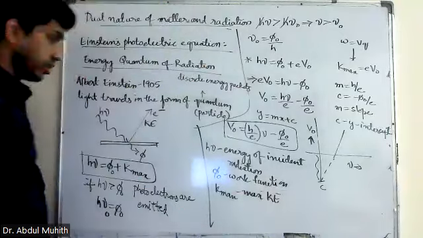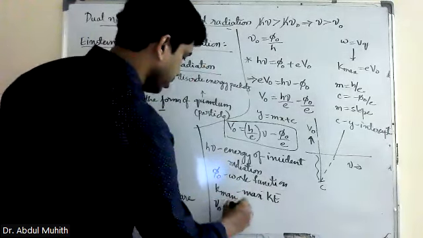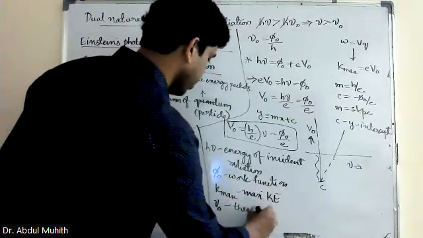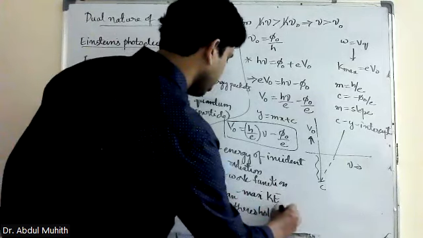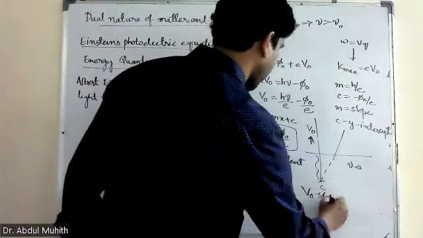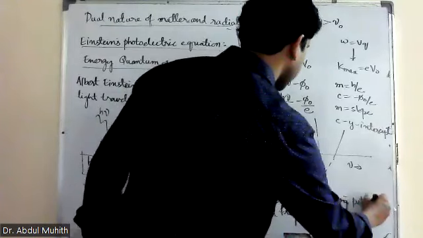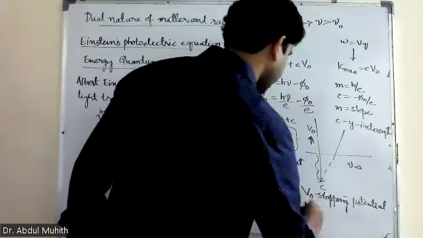And nu 0 is threshold frequency. V0 is stopping potential. And the last one, h is Planck's constant.